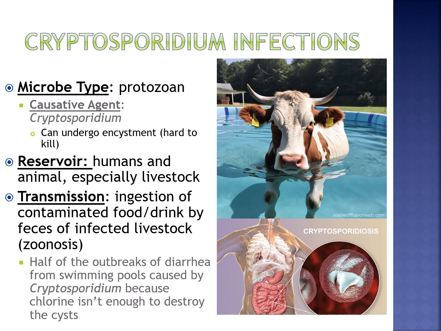The reservoir is humans and animals, especially livestock animals. The transmission is usually the ingestion of contaminated food or drinks. So the thing you should think of is that if you've got livestock nearby, there's a good chance they could be carrying this protozoan, and they're hoofing around in their paddocks in their own feces, essentially.